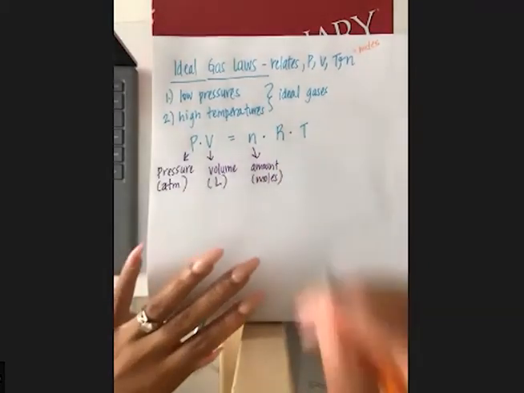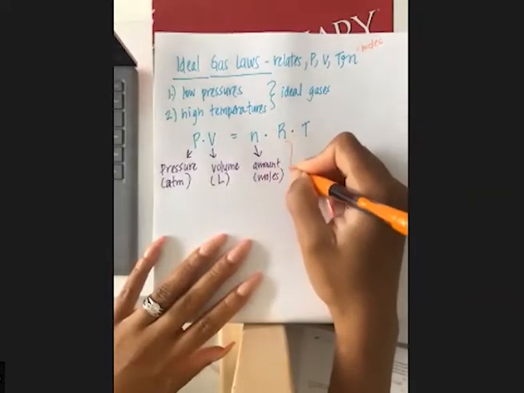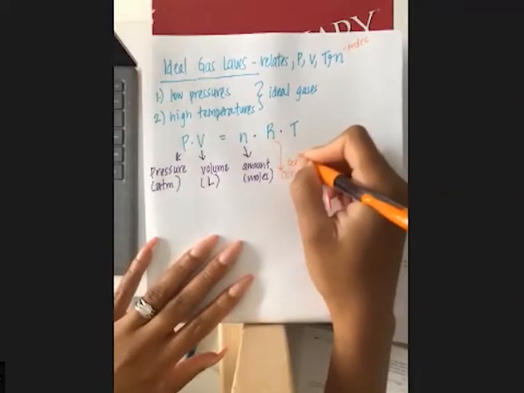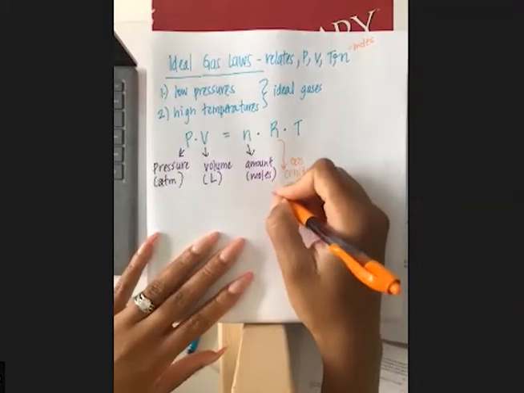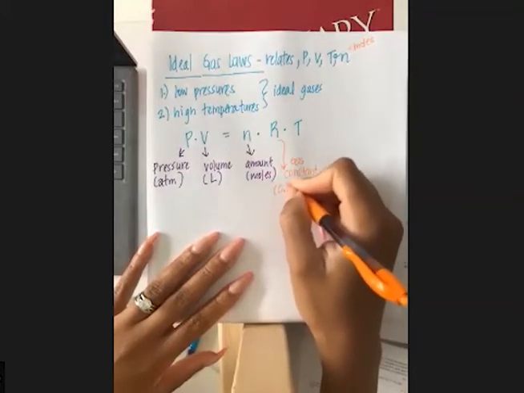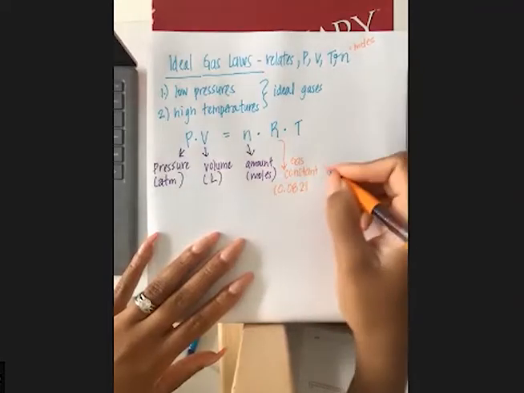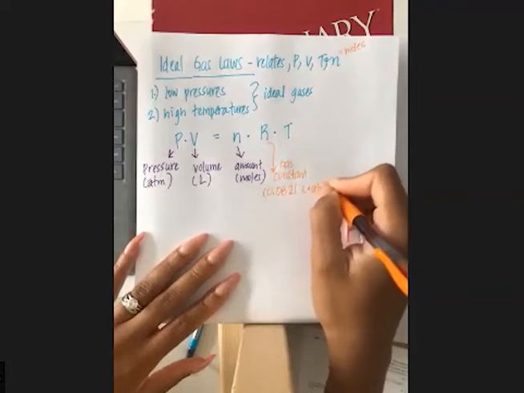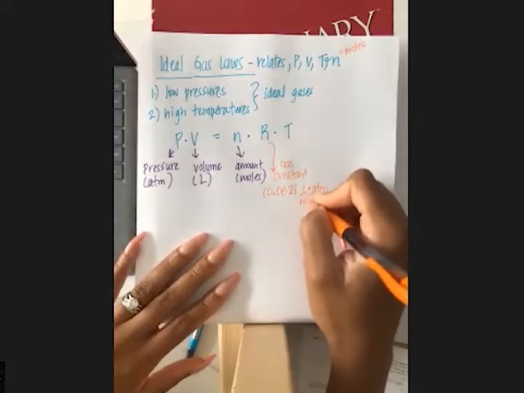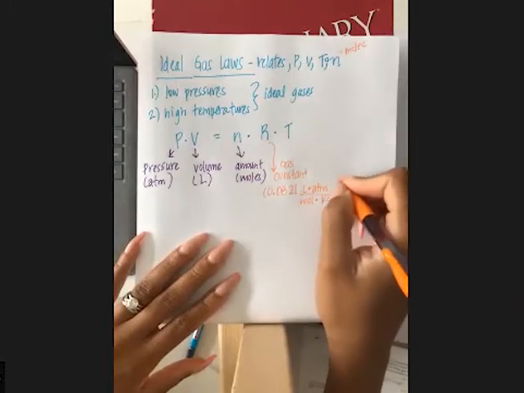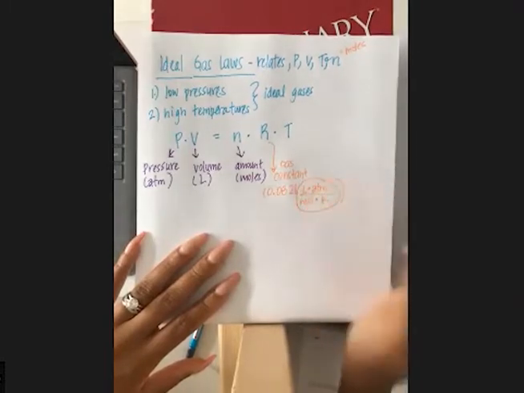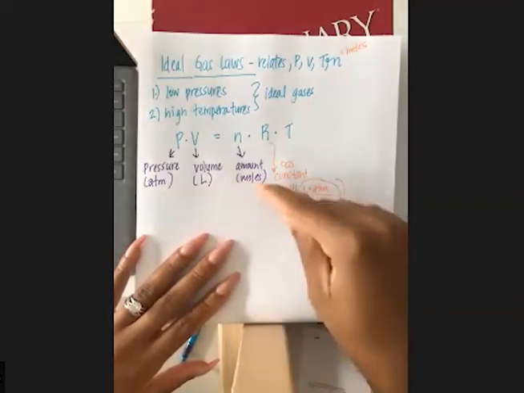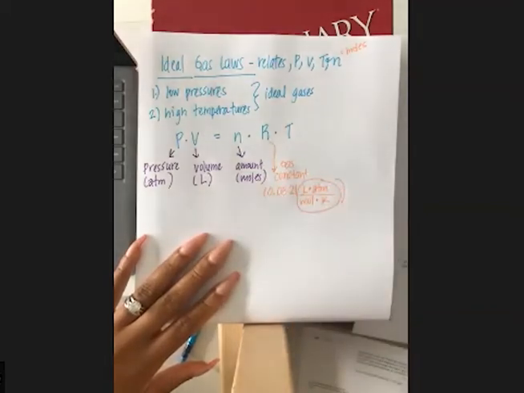R is a constant. It's called the gas constant. The gas constant that we're going to use for this equation is 0.0821, and the unit for it is liters times atmosphere divided by moles times K. This is one big old unit, basically combining all of these units into one to get this number.